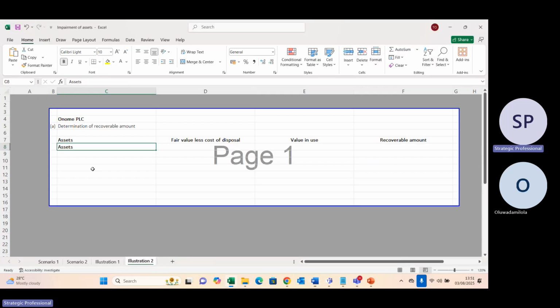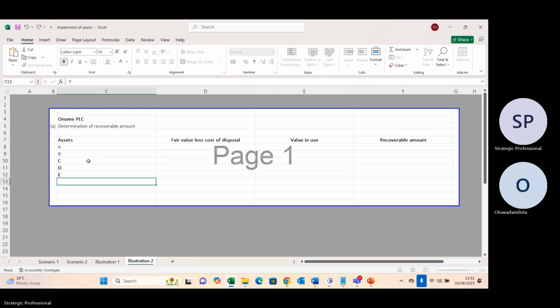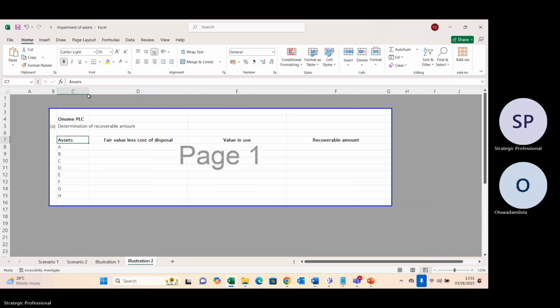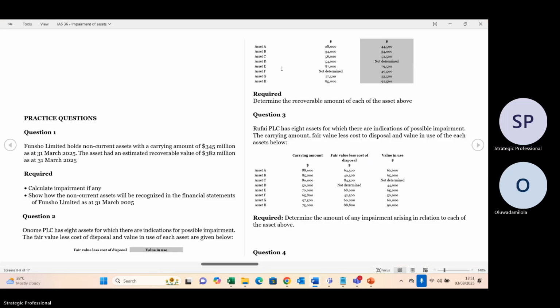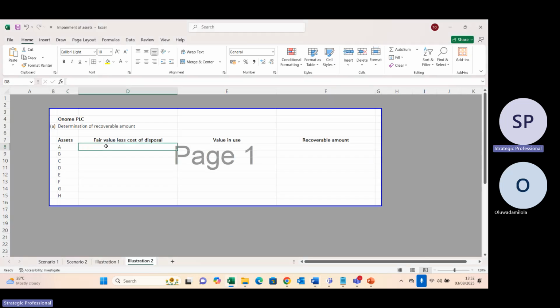So we have assets A, B, C. Look at it, these are the assets. Then the fair value less cost of disposal.